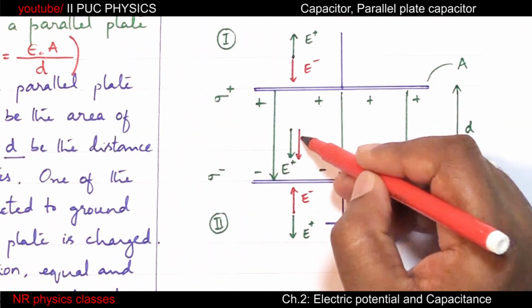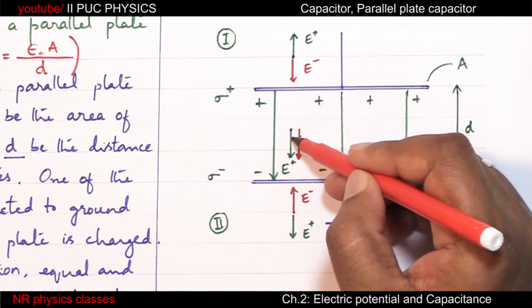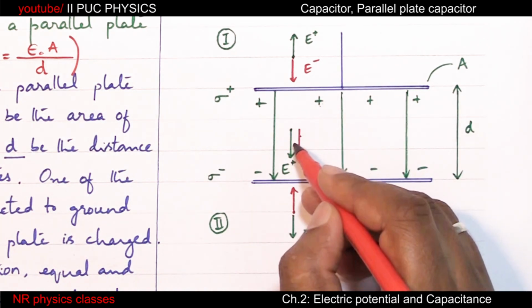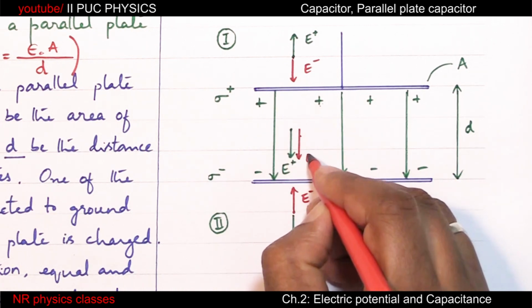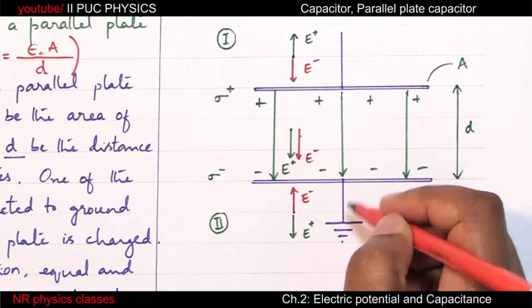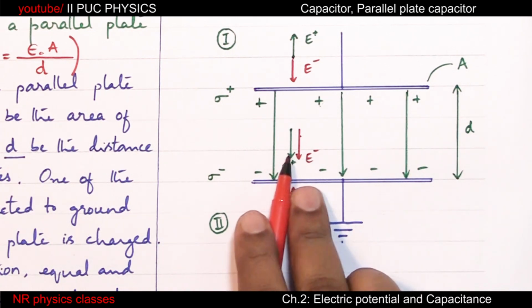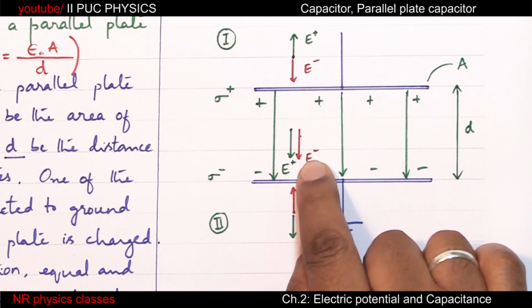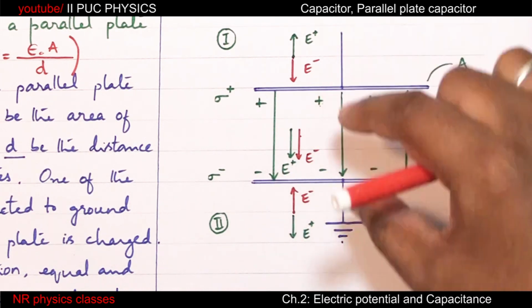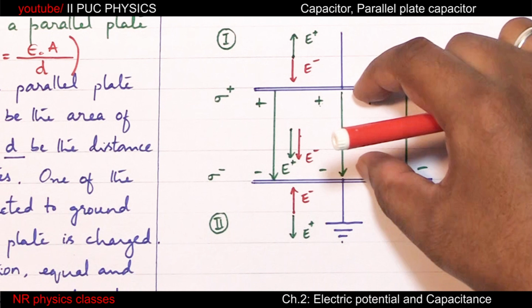I am supposed to write this vector on this vector, but since it is not clearly visible, let me write this next to this. So this is the electric field due to negative charge. These two electric fields are in the same direction, therefore the resultant electric field is the sum of these two. Zero electric field, zero electric field, there is electric field.